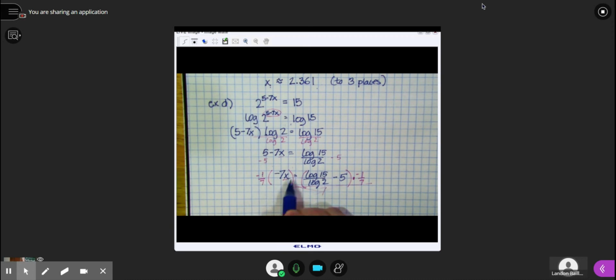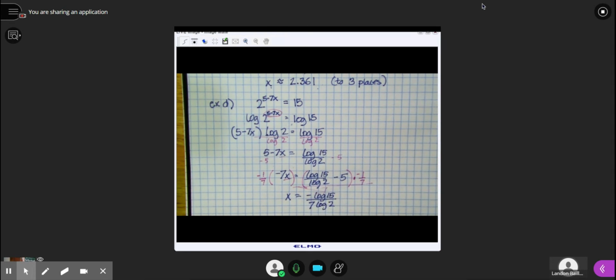On the left side, this gives me an x. And on the right side, I have a negative log 15 over 7 log 2. Minus a minus is a plus 5 over 7.